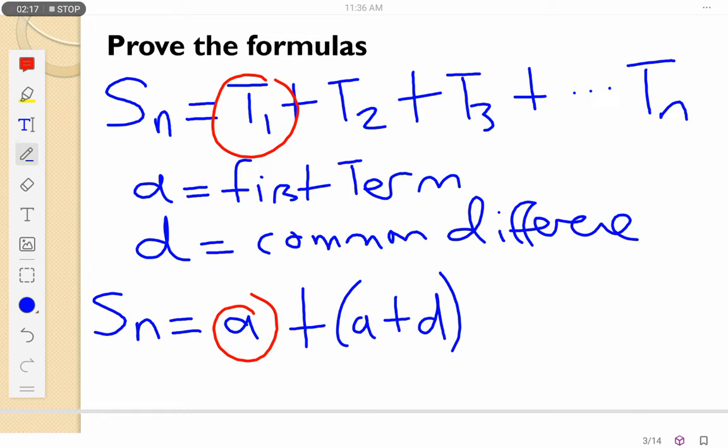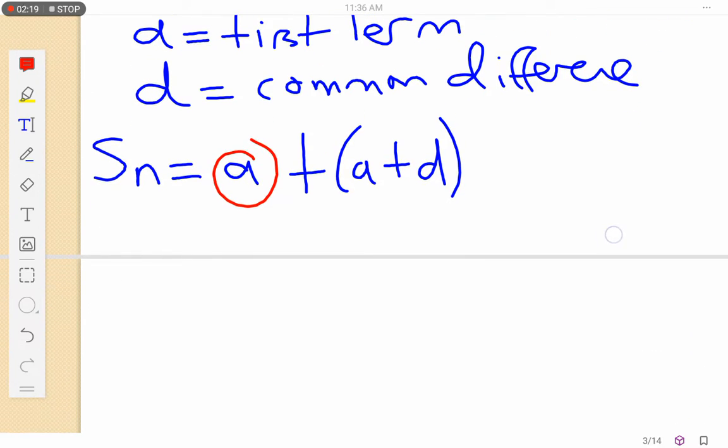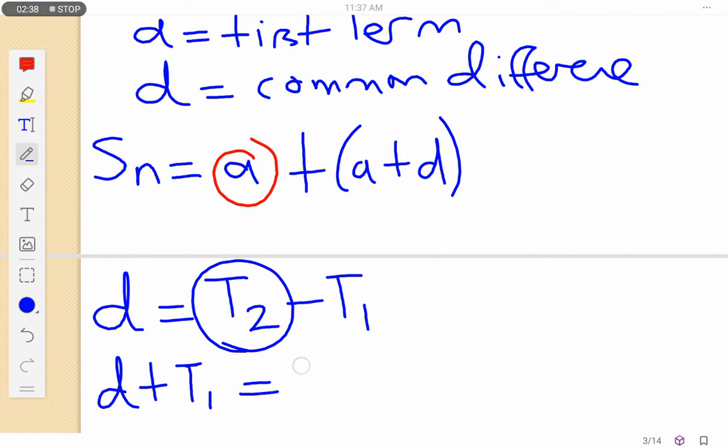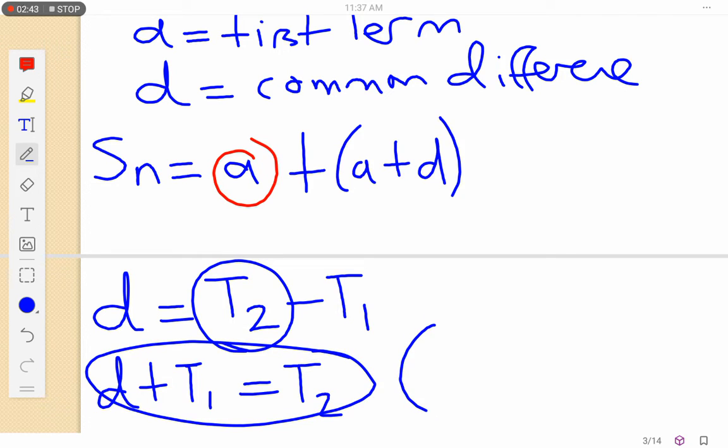Remember, to find D, we say T2 minus T1. So to find T2, we make it the subject of the formula: D plus T1 is equal to T2.